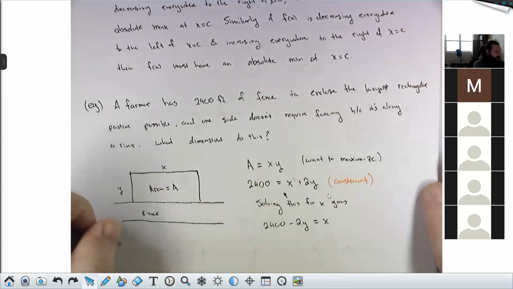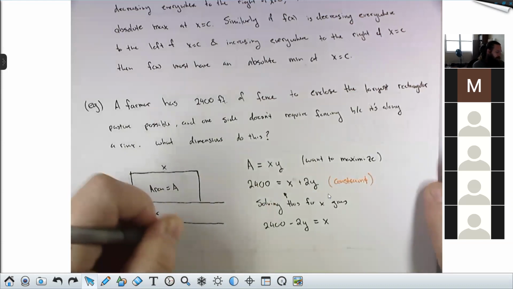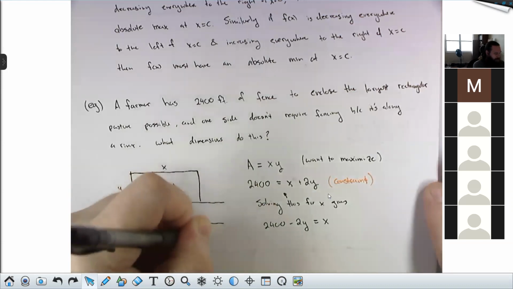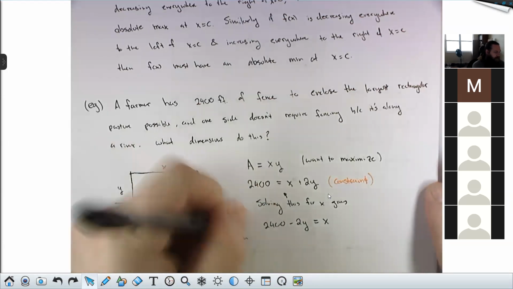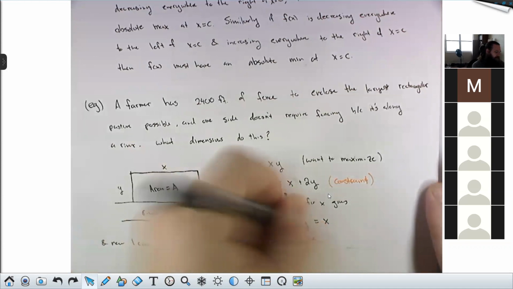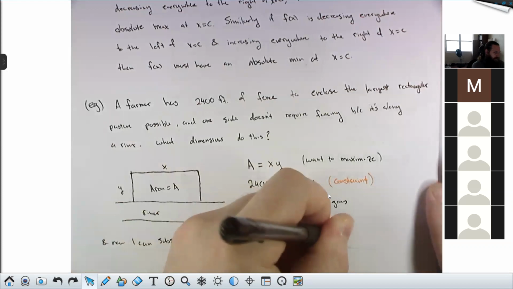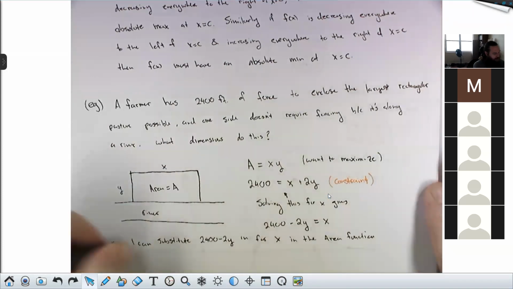And now I can substitute 2,400 minus 2y in for x in the area function. So what does that give me?